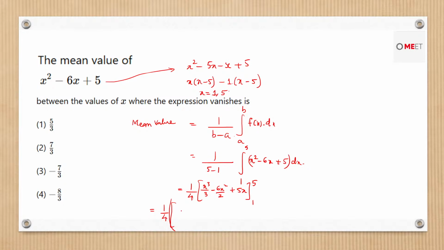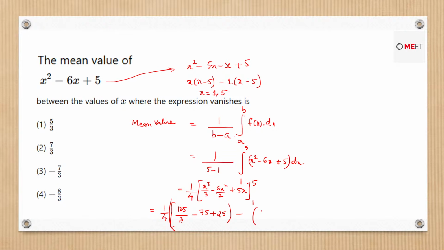This is 1 by 4 integral. This is 5 cube is 125, 125 divided by 3 minus 5 square is 25, 25 into 6 is 150, 150 by 2 is 75, and 5 into 5 is 25.